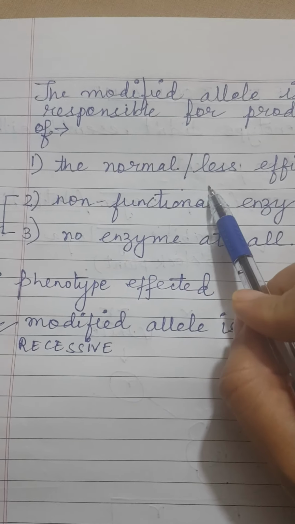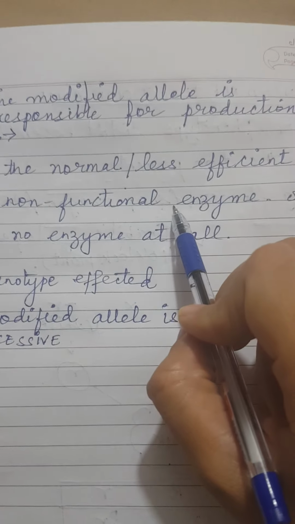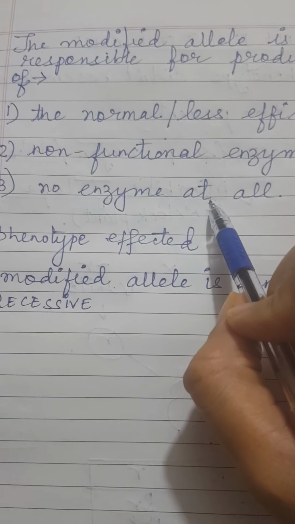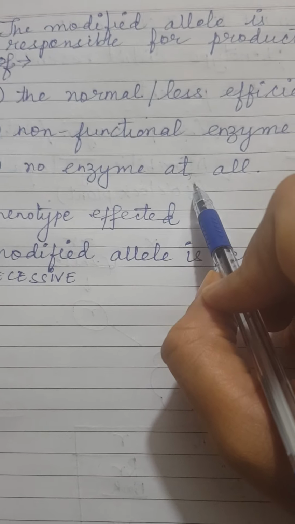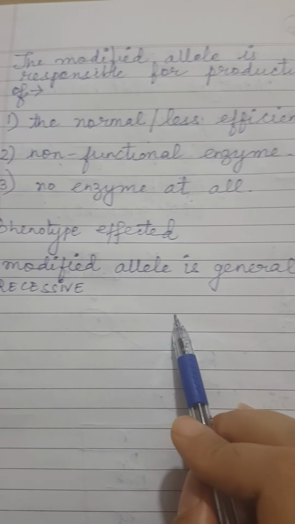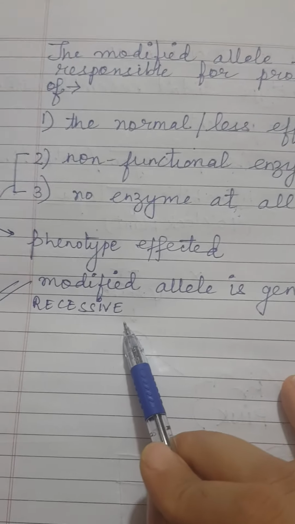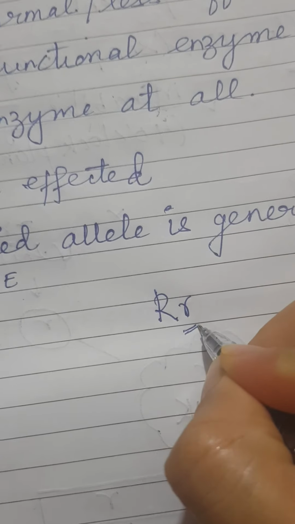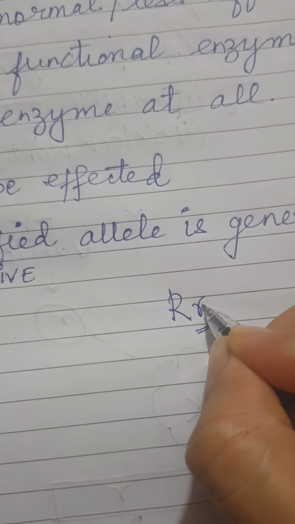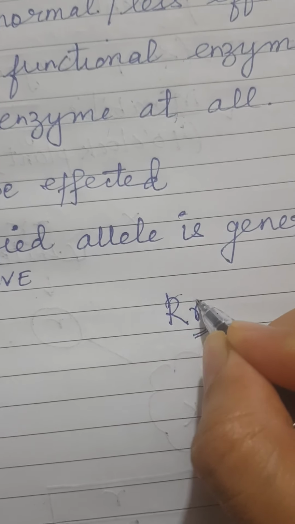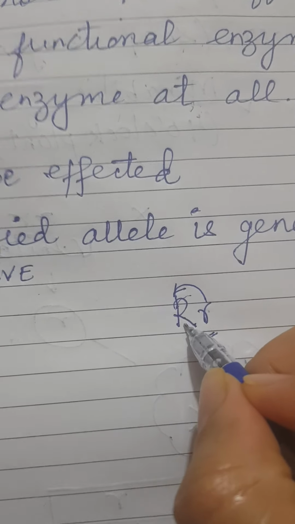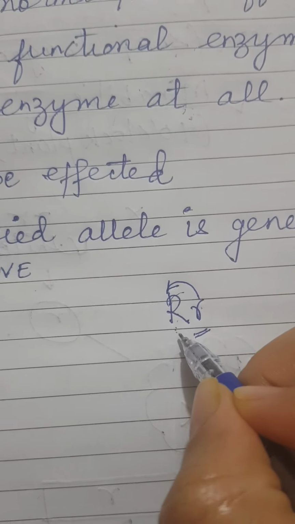It would be the second and third, because if the enzyme is non-functional or no enzyme is produced, only then can we explain that the flower is pink in color. The modified allele is generally recessive. So here, small r is the modified allele, which in the presence of capital R is not able to form the enzyme that makes the red color. That is why it is pink in color.